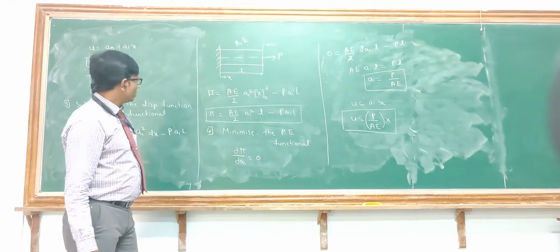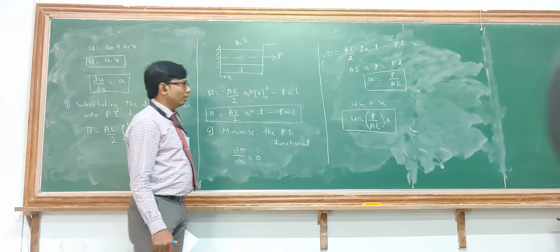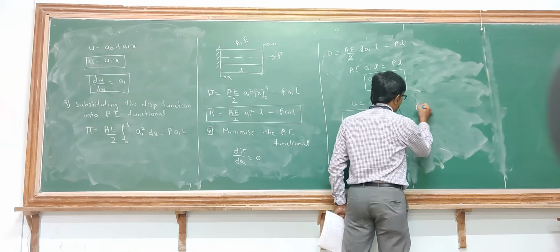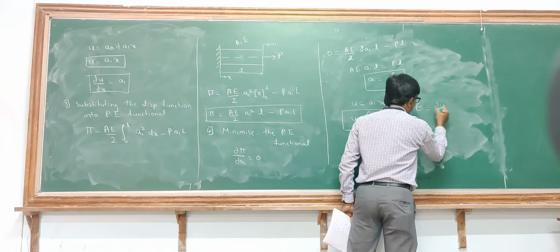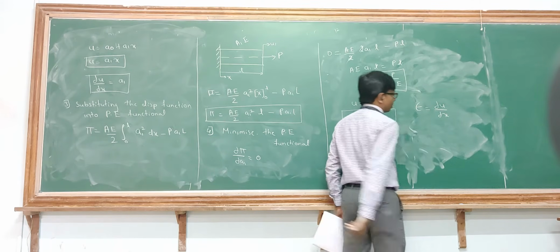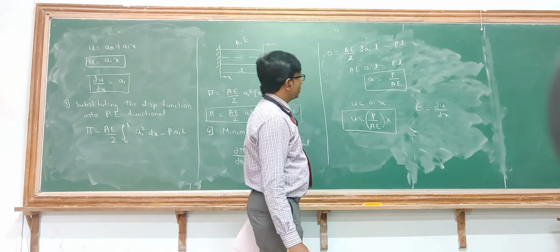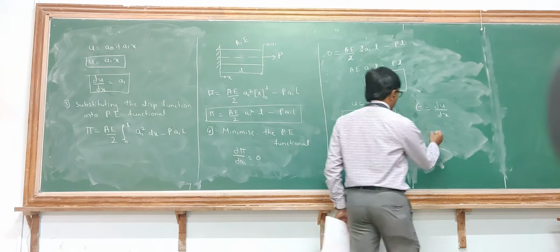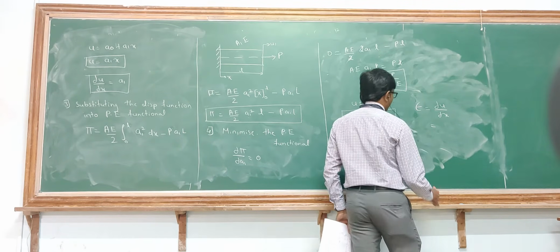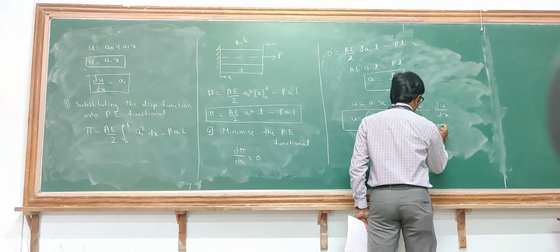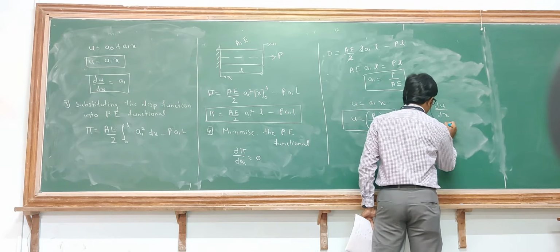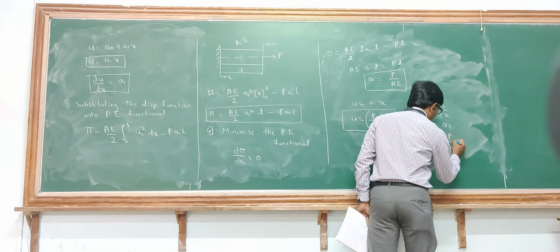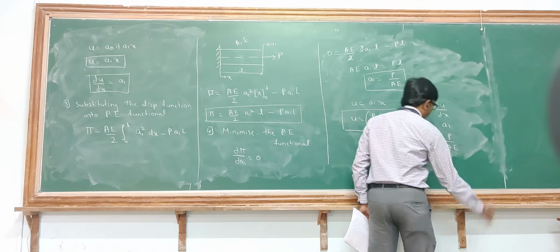Next, they have asked to find out the value of strain as well as stress. So what is strain? Strain is nothing but dou U by dou X. The value of dou U by dou X is nothing but A1, and A1 is the value P by AE.